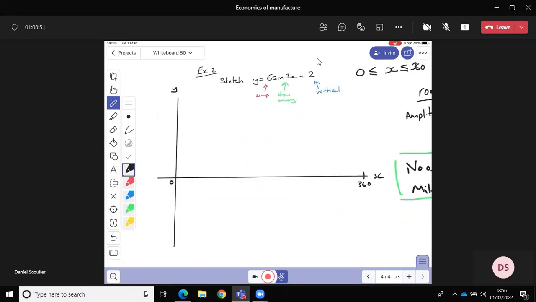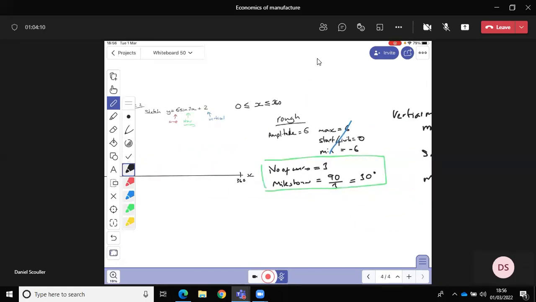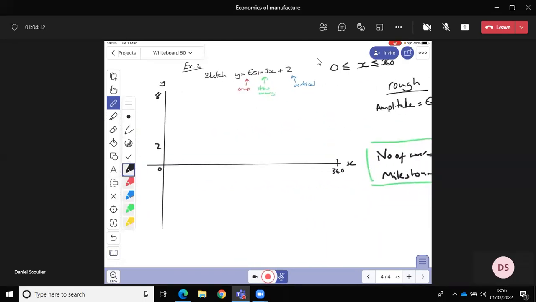So when y equals 2, that's going to be my new start finish point, and when y equals 2, 4, 6, 8, that's going to be my new maximum. And -4 is going to be my new minimum.